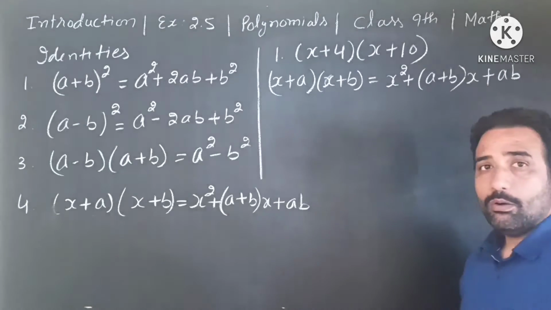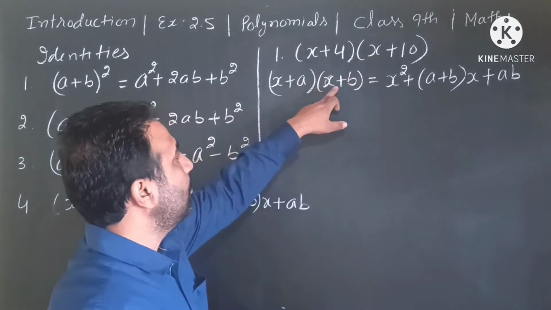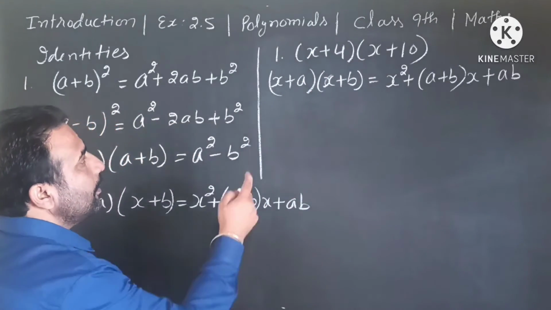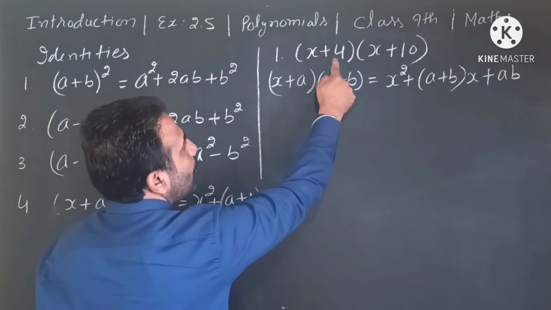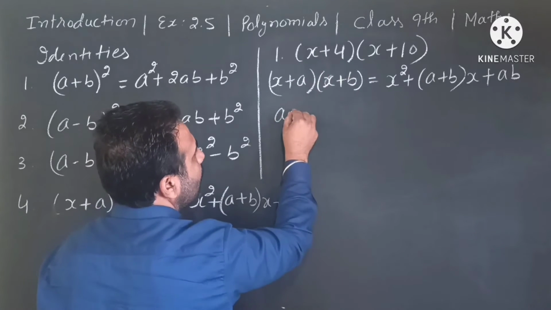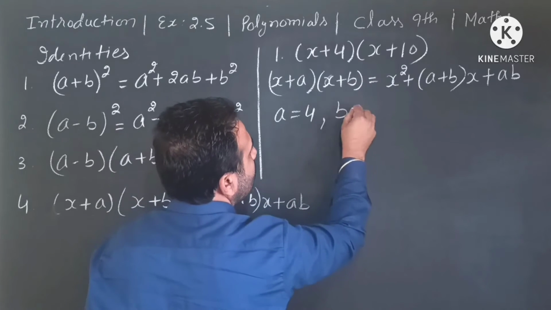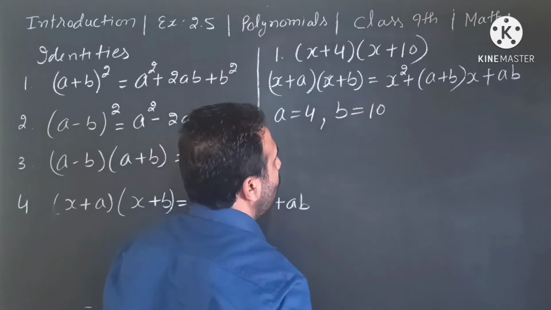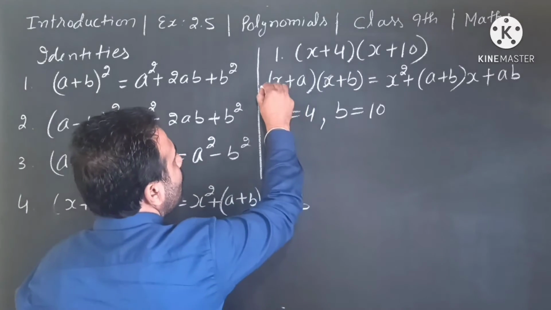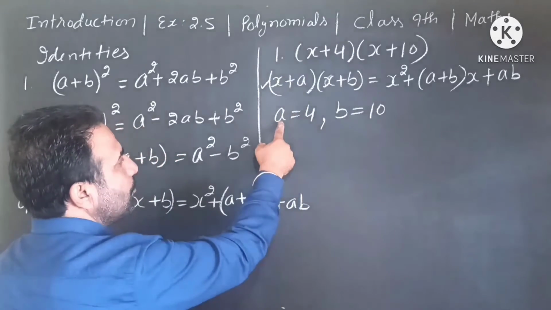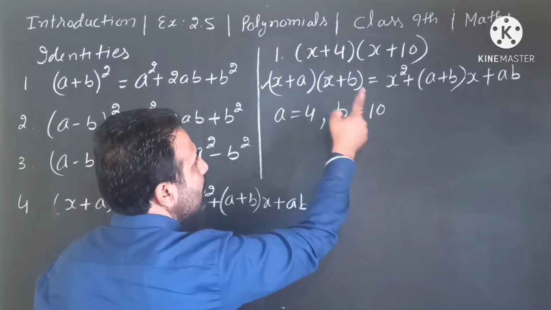Now students, when we compare these two brackets, you can see x is the same number, but the value of a is 4 and the value of b is 10. Now in this polynomial, we will substitute a is 4 and b is 10.